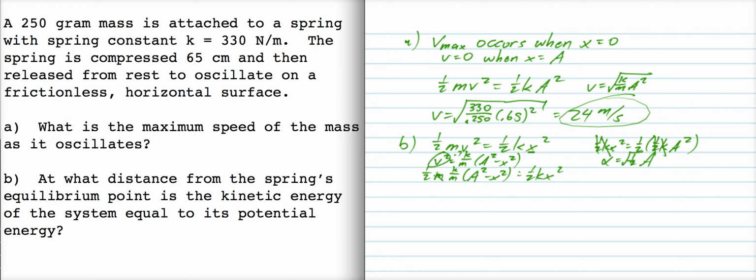Okay, and then the m cancels out, and this simplifies quite a bit to 1/2 ka squared minus 1/2 kx squared is equal to 1/2 kx squared, which gives you 1/2 ka squared is equal to kx squared. And therefore x, k goes away, is equal to the square root of 1/2 a.